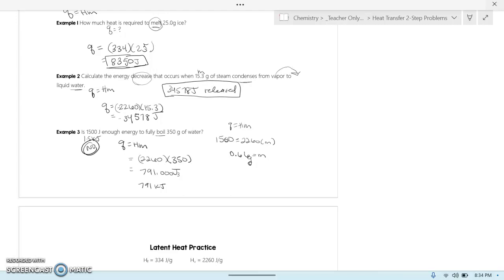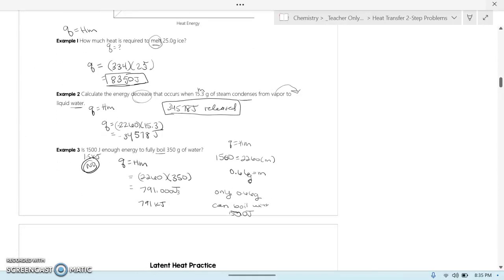So that's all that would be able to boil at 1,500 joules absorbed. Only 0.66 grams can boil with 1,500 joules. The problem didn't ask us this information, but it's good exercise for us to practice solving for different variables than just Q.